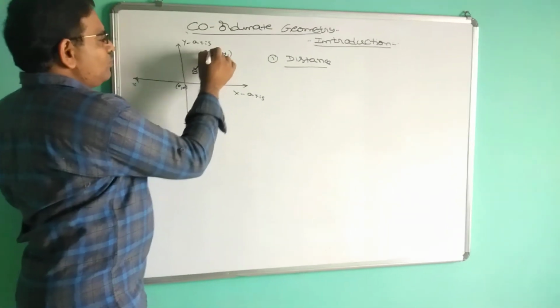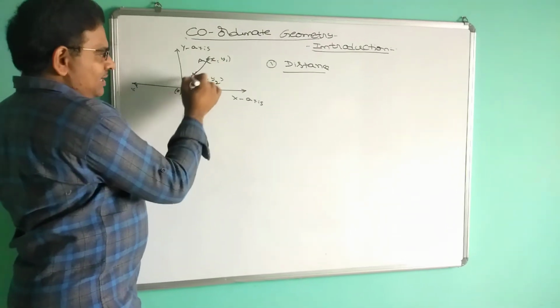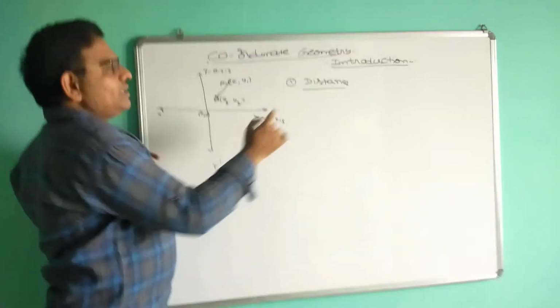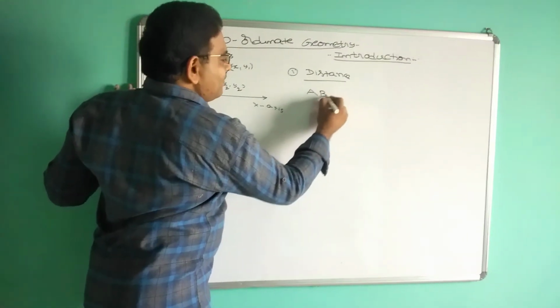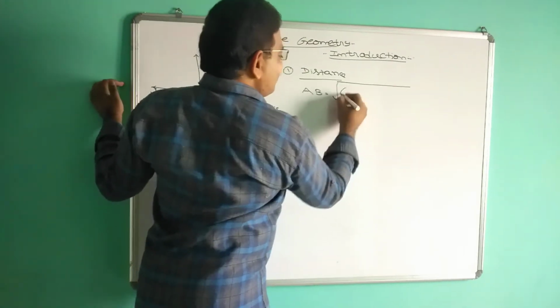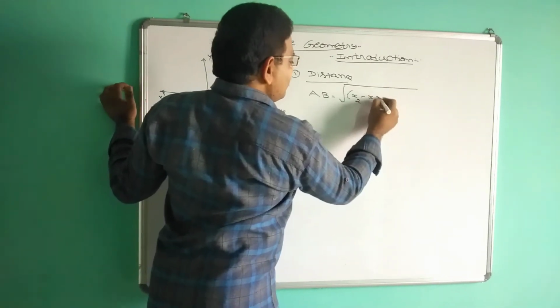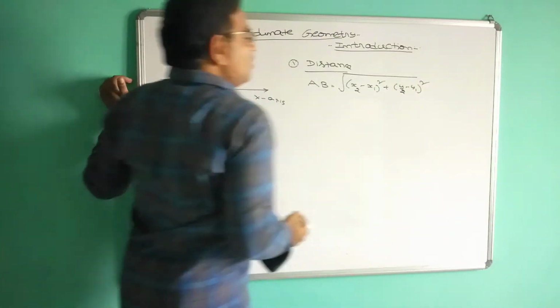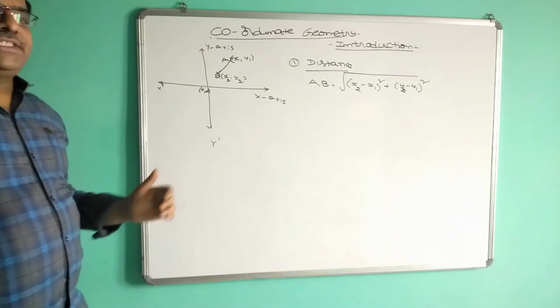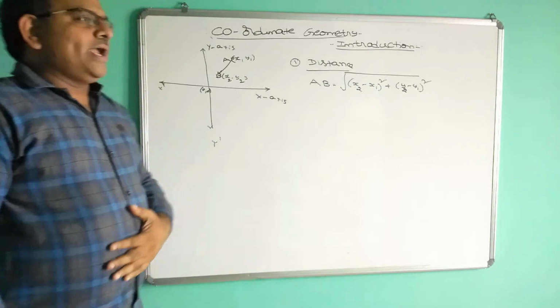That means if any 2 points lie in the coordinate plane, the distance formula is AB equal to root of (x2 minus x1) whole square plus (y2 minus y1) whole square. It is called the distance between the 2 points.